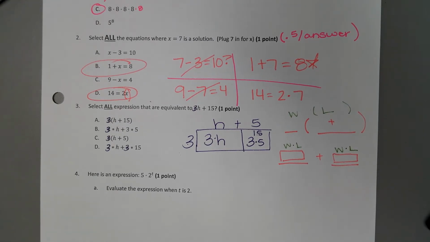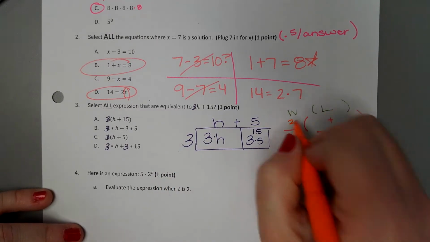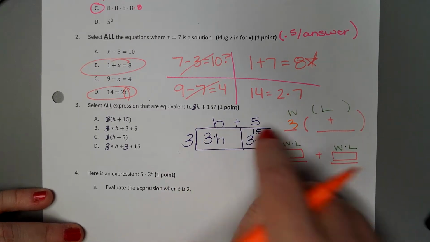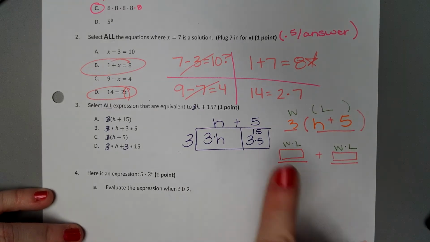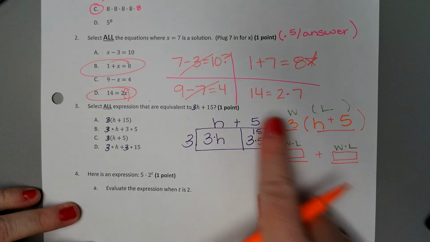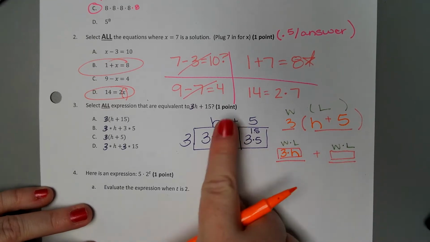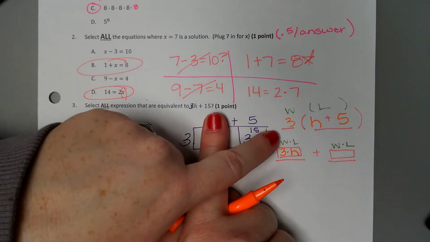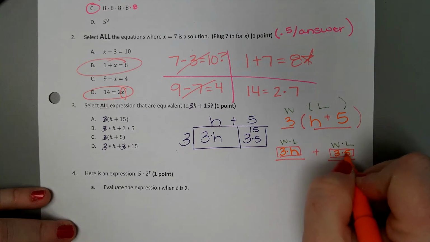So we have a width of 3. My length is h plus 5. If I'm only looking at this square, my width is 3, my length is h. So I have 3 times h. And for this one, my width is 3, my length is 5. So I have 3 times 5.